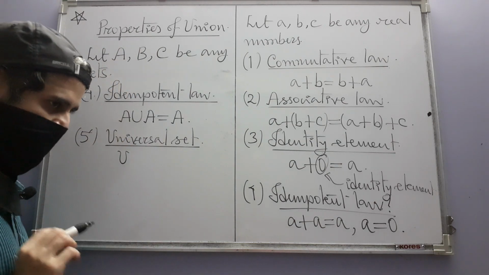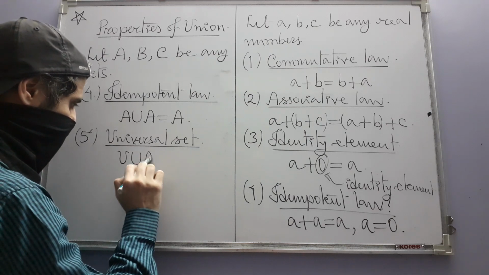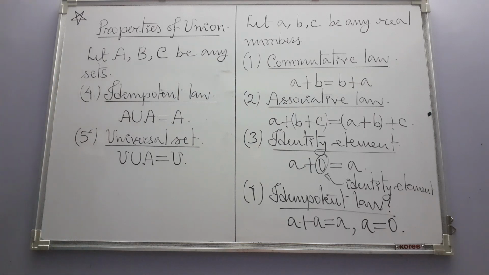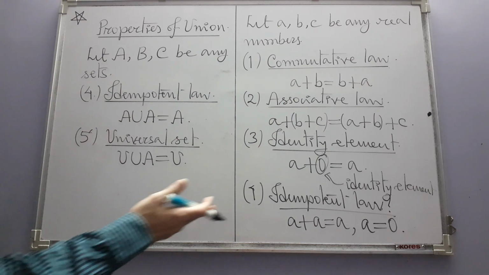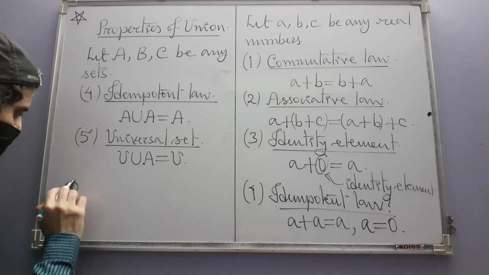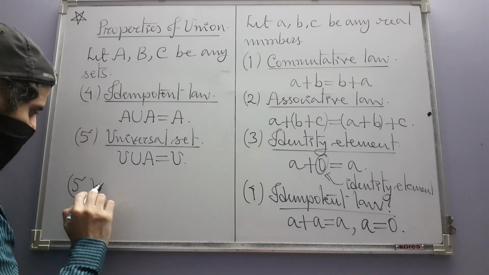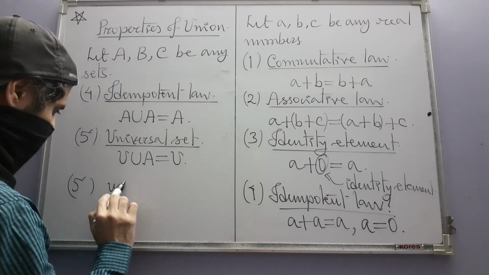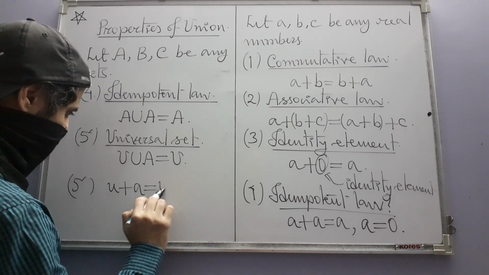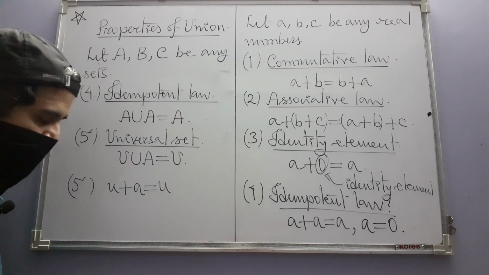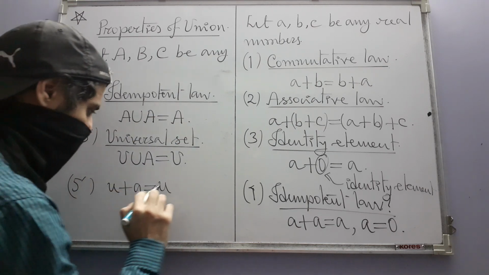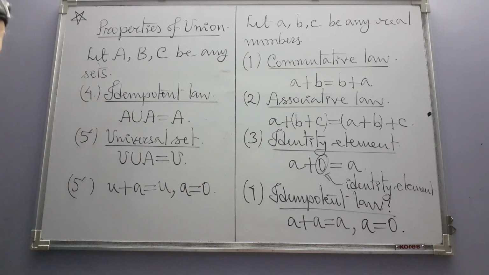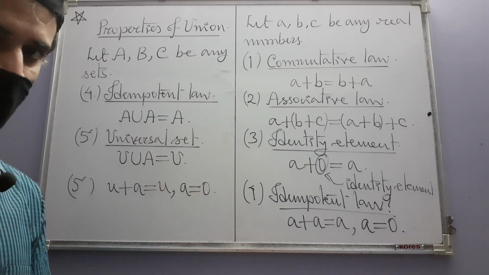If U is the universal set in your discussion and A is a subset of U, then the union is U. And on that side, let me write here itself. Now, can we think of a number U, a real number U, such that U plus A is equal to U for all A? No. Here also, this works only when A is equal to 0. And when A is 0, U can be any number actually.